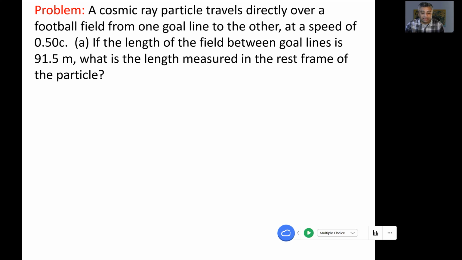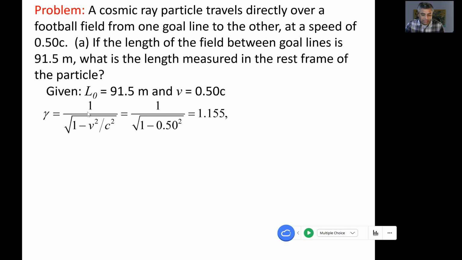Okay, so that's going to be the proper length, and we denote that by L0, right? And the speed is that. Now we can find gamma from there.